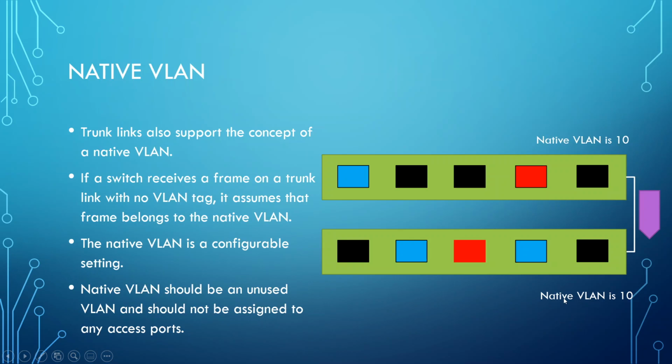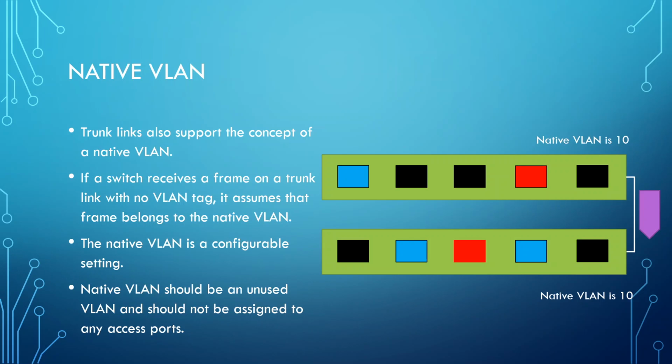If the receiving switch is configured with a native VLAN of 5, it means that when it receives the untagged frame, it's going to assume that the frame is part of VLAN 5, and then that frame will not be delivered to the host at all. So it's very important that both sides of the trunk link are configured with the correct native VLAN, and also that we use an unused VLAN.